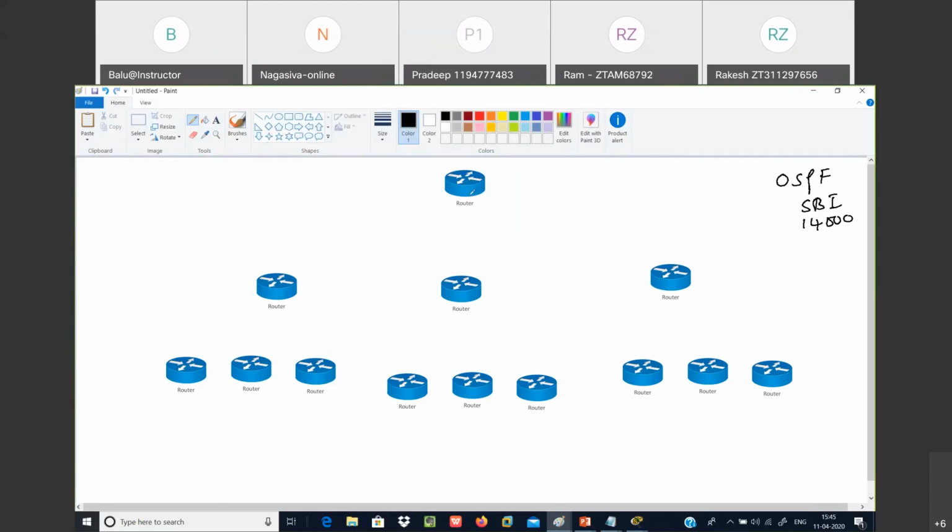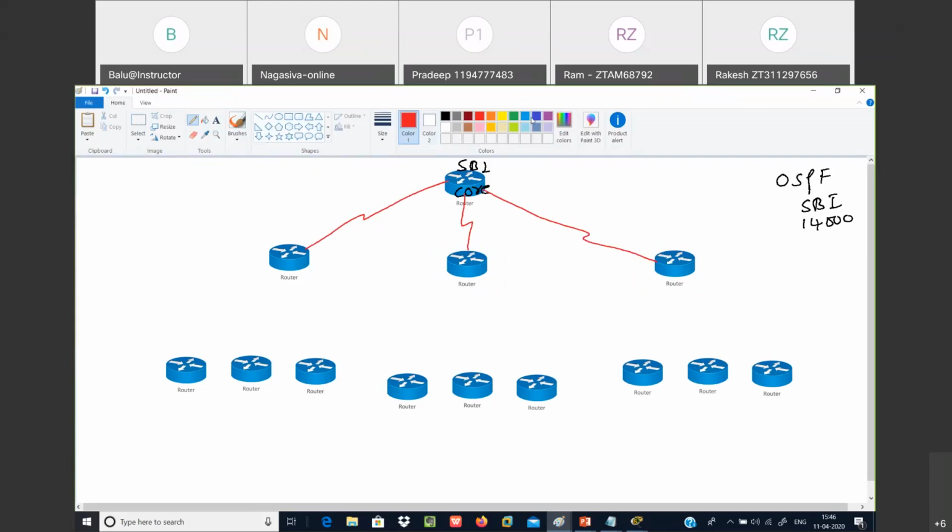From the core router, the head offices are connected: HO1, HO2, HO3.